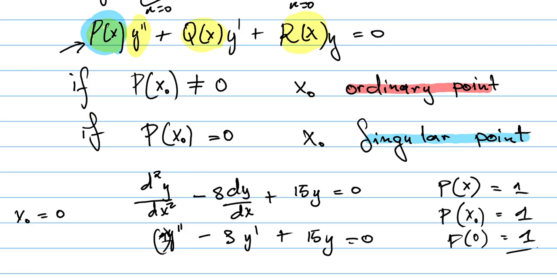So this x naught for this case is equal to 1. This is not equal to 0. This means we are in the ordinary point. So in these two cases, we are going to use an ordinary point.